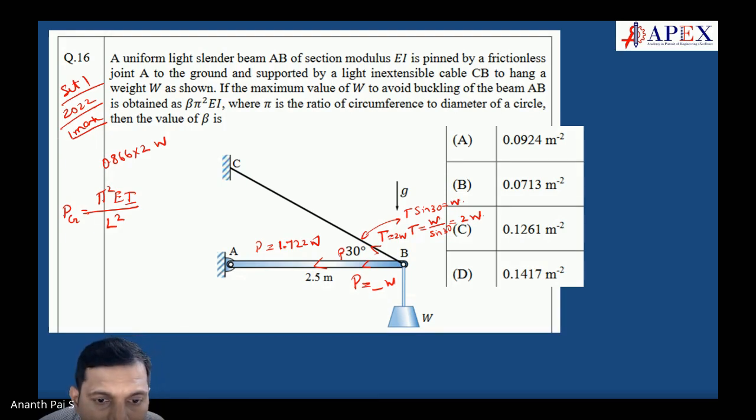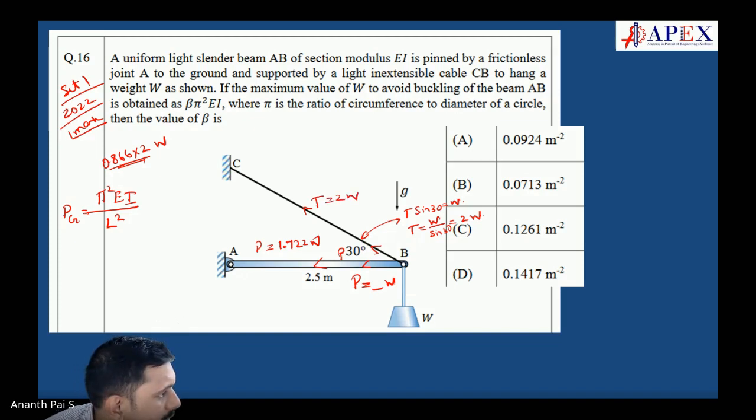The component of T is coming here, is it not? What is the component of this on this side? Cos 30, is it not?